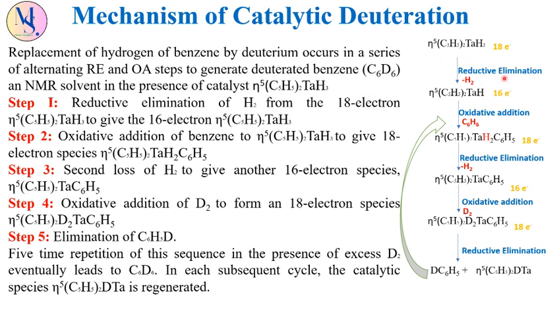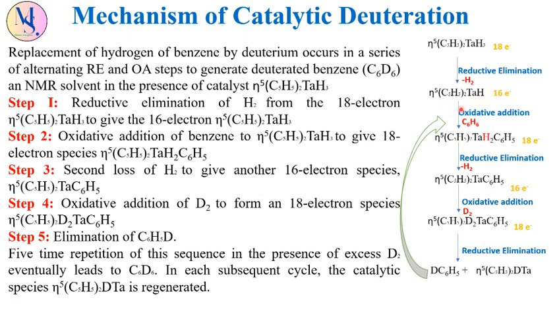In the first step, this catalyst undergoes reductive elimination by dissociation of hydrogen, thus producing a 16 electron species from 18 electron species.